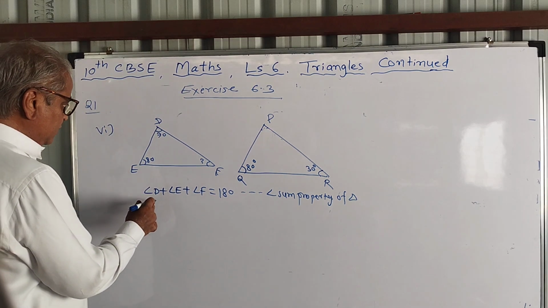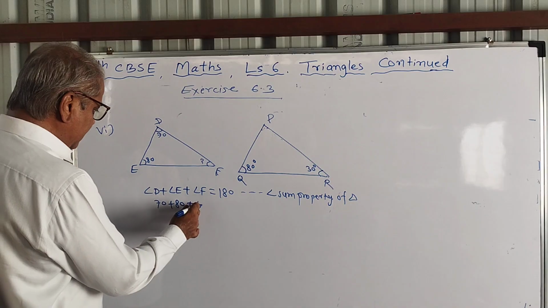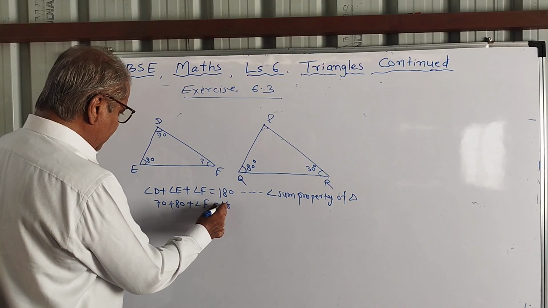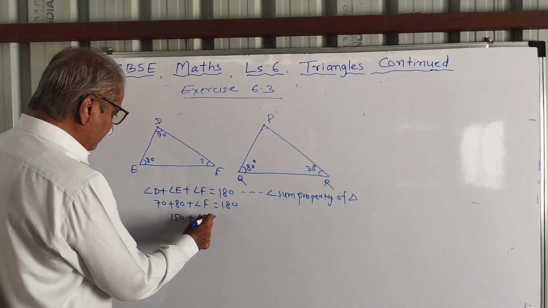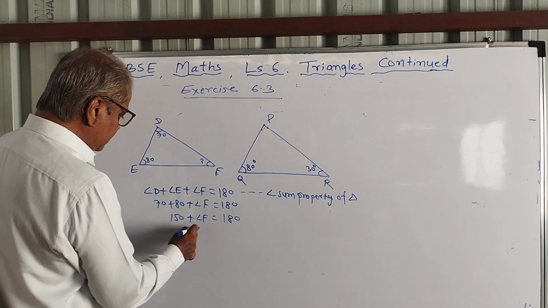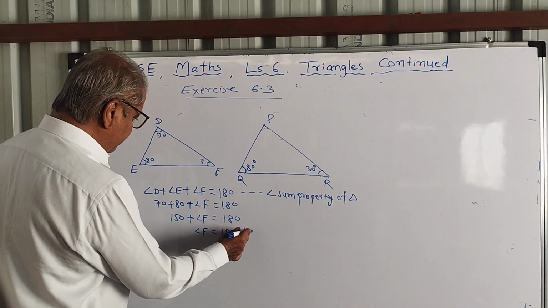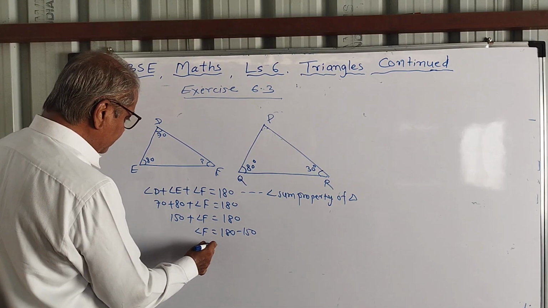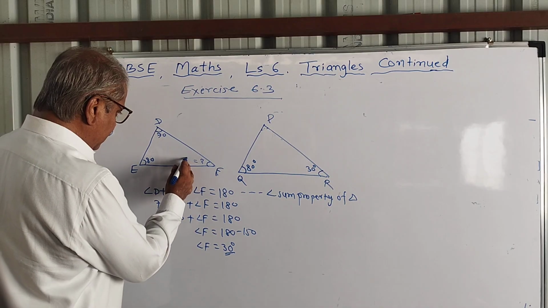Now substitute the values. 70 plus 80 plus angle F is equal to 180. So 150 plus angle F is equal to 180. So angle F is equal to 180 minus 150, so angle F is equal to 30 degrees. So here I can write 30 degrees.